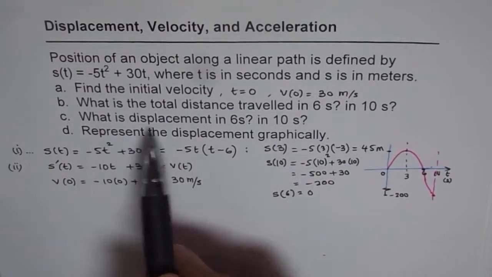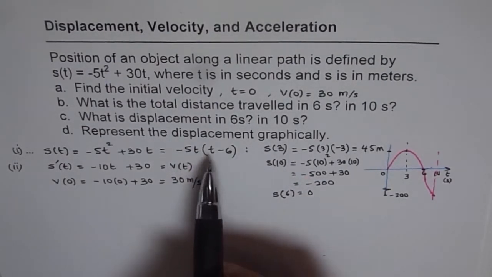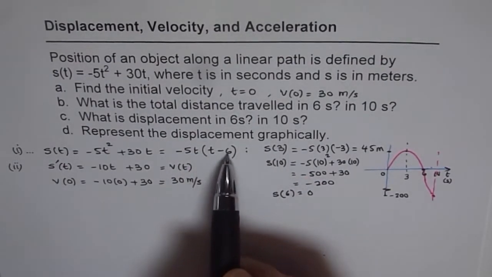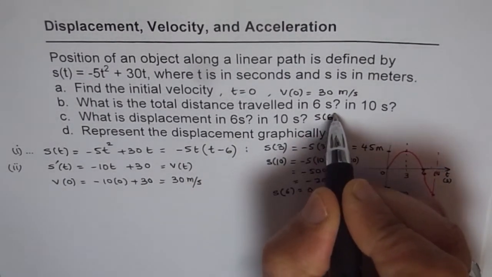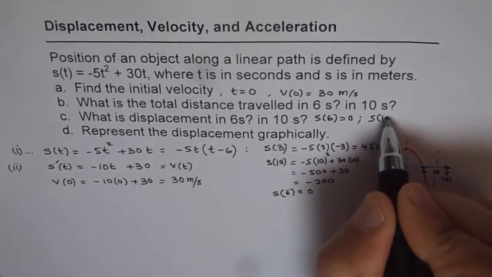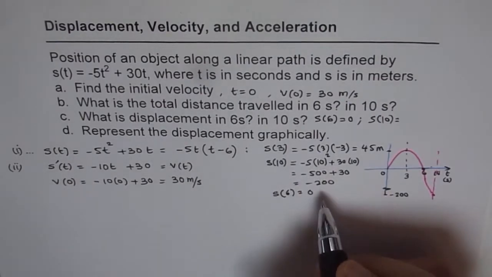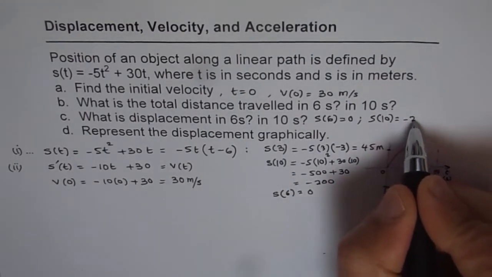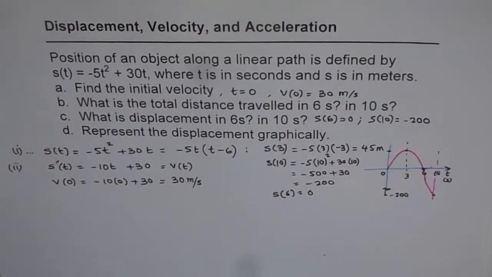So we say, what is the displacement in 6 seconds? We just plug in 6 here, right? When you plug in 6 here, 6 minus 6 is 0. So we get displacement in 6 seconds, s of 6 equals 0. And in 10 seconds, s of 10 equals, we plug in 10 here. We use the first equation this time and got minus 200, correct? So consider this to be before B. Okay, now that's a good idea.